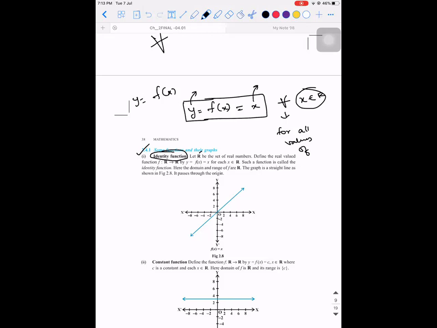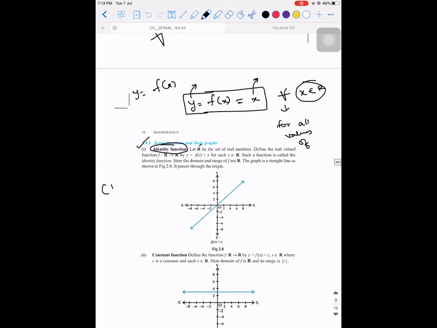When you substitute the value of x coordinate as 1, what will be the y coordinate? 1. So the coordinate is (1, 1). If you substitute the x value as 2, 2 will be the y value. So 1 belongs to real numbers, 1 also belongs to real numbers. Input belongs to real numbers, output also belongs to real numbers.